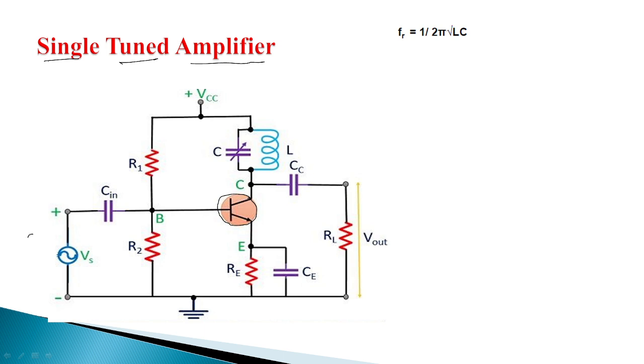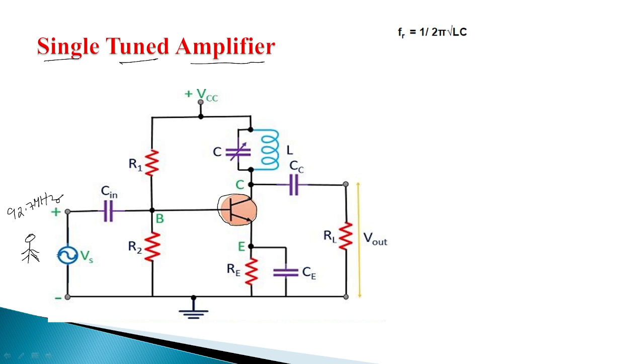Just assume, just an assumption only, it could be an image, or else we can take an audio signal also. The input is a 92.7 megahertz FM radio signal.